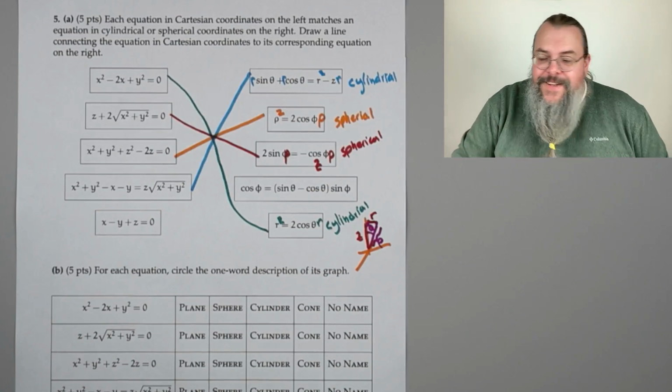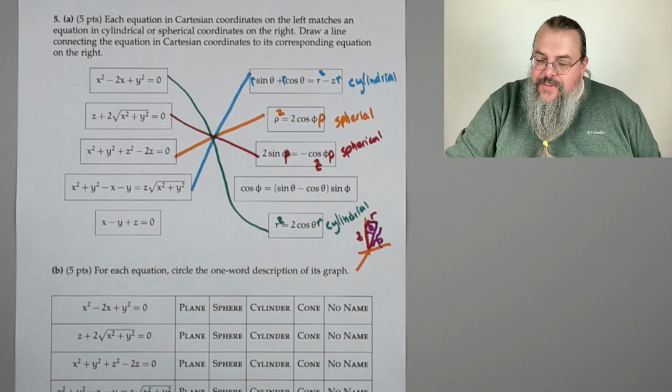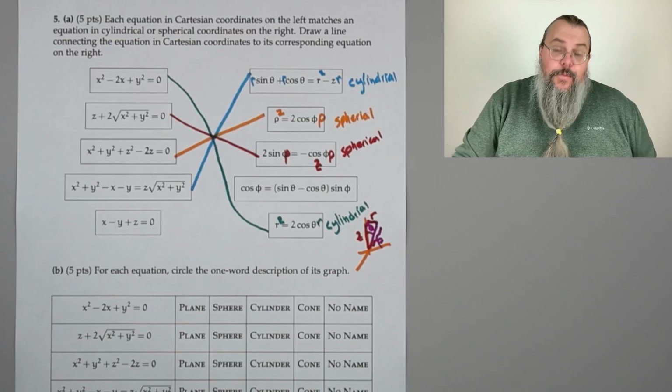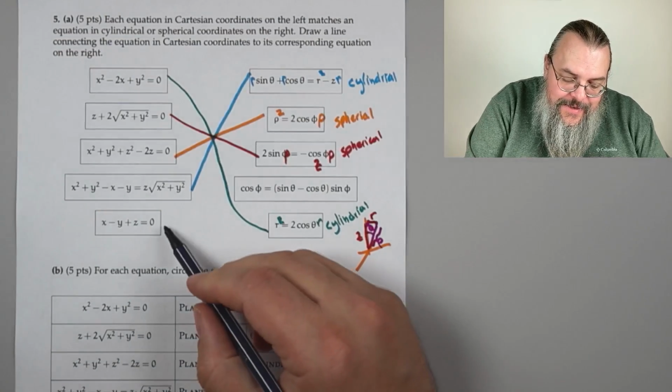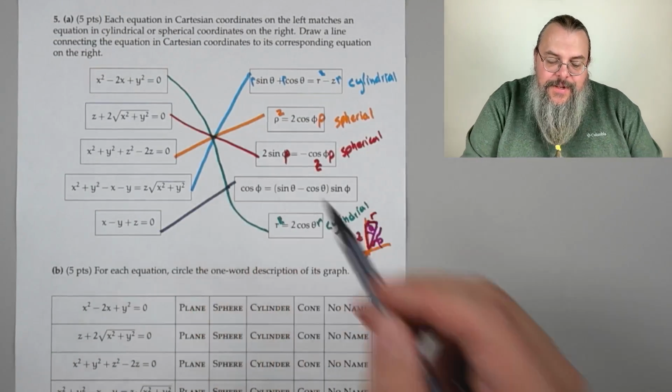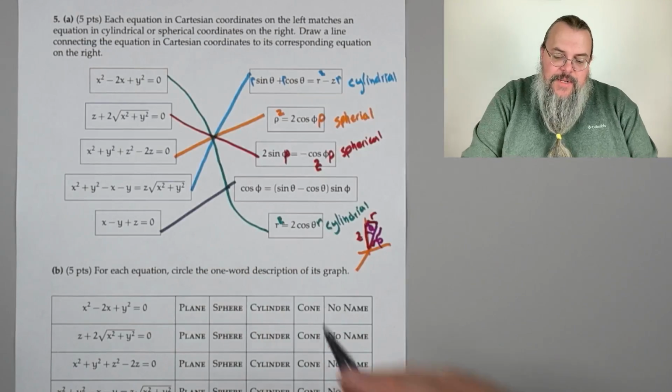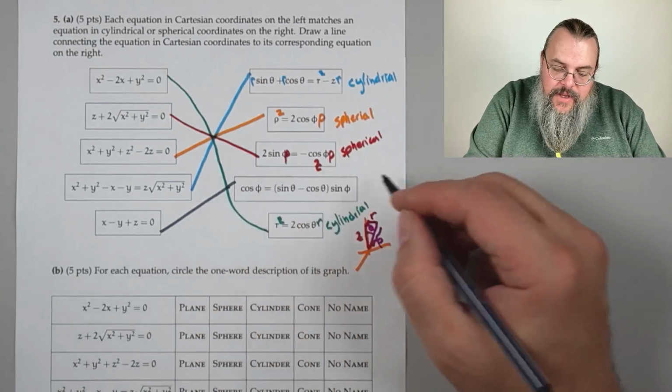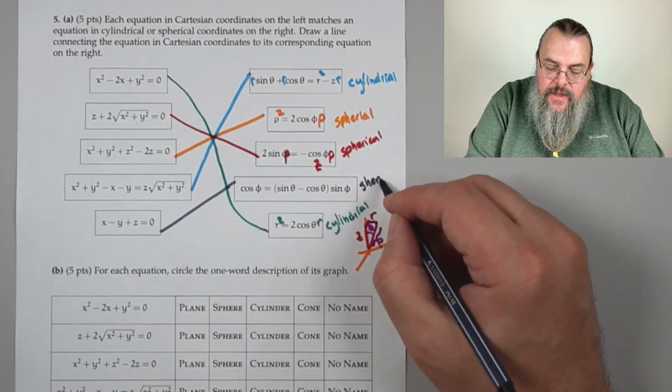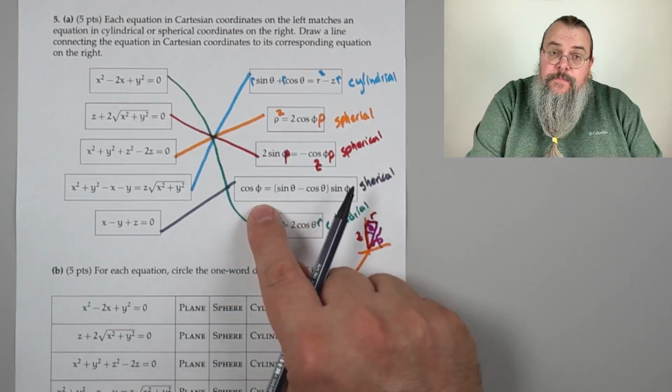One left. And now, by process of elimination, we know what's going to happen. It's going to do that. But even if we didn't have process of elimination, we could multiply here. Now this is spherical, and what gives away spherical is the phi.